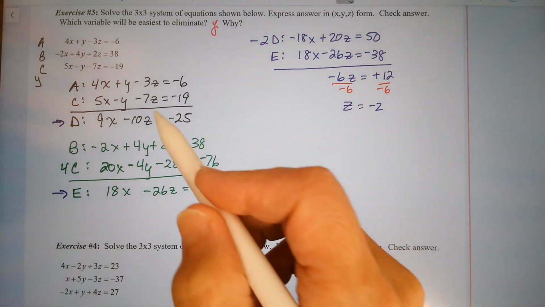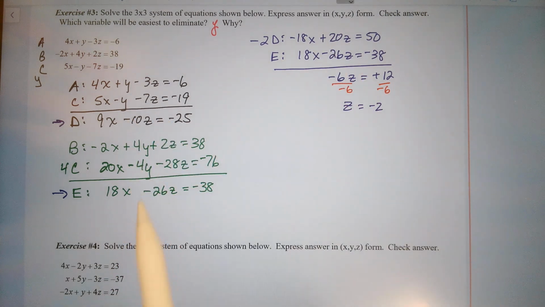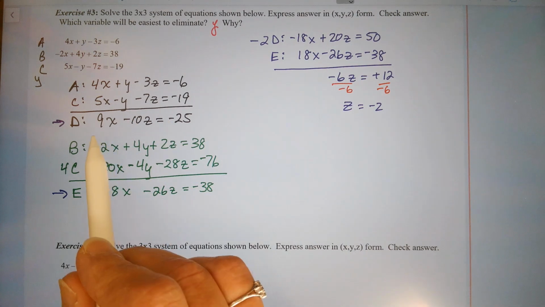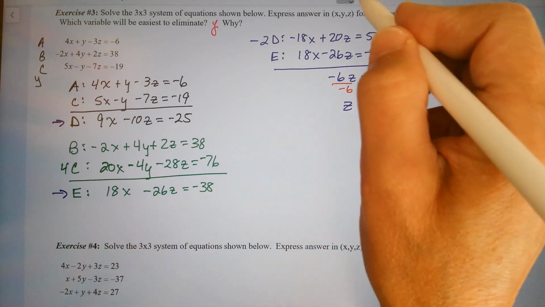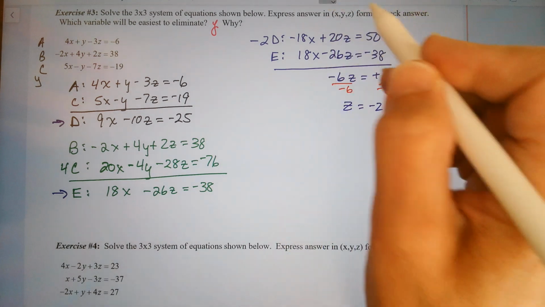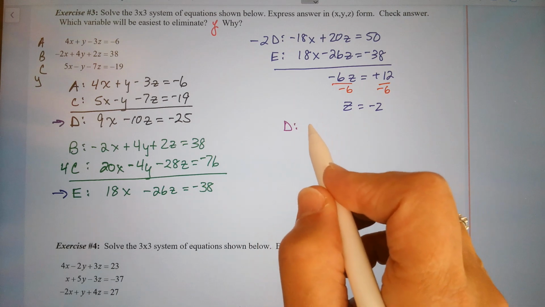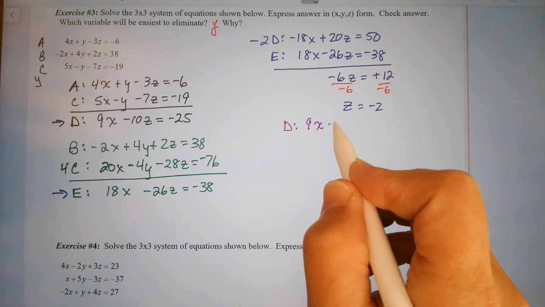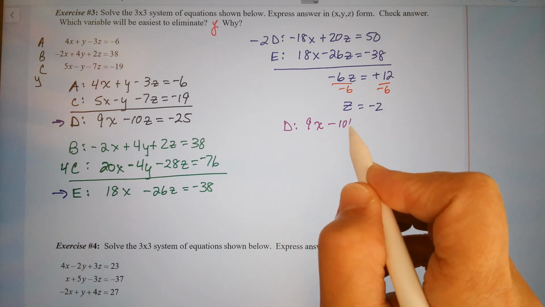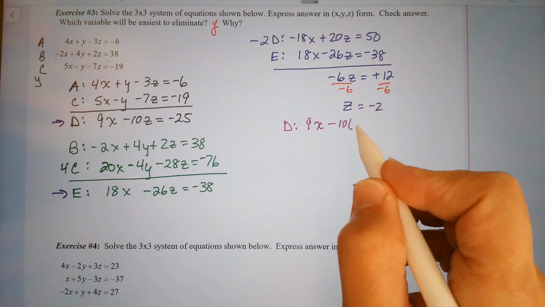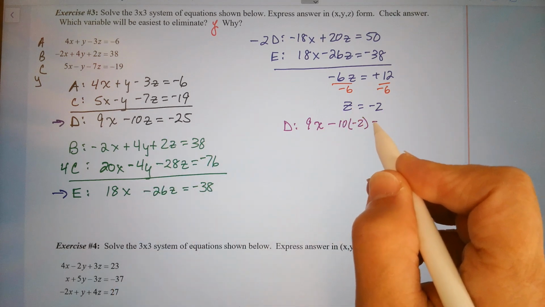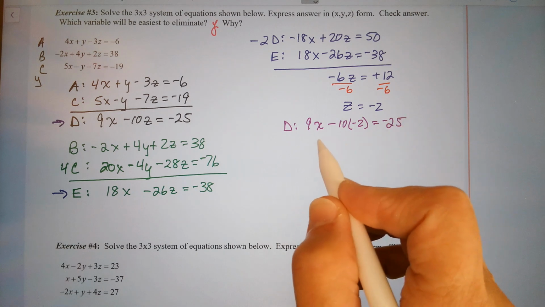So now we go back to D or E, so kind of go backwards now. I'm going back to D here. So D is 9x minus 10 times z, putting the negative 2 in for z, equals negative 25.